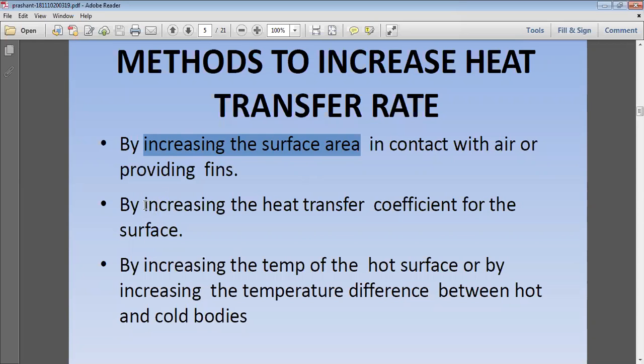Second, increasing the heat transfer coefficient for the surface. If h is increased, then obviously the convective heat transfer rate also increases. Third, increasing the temperature of the hot surface, or increasing the temperature difference between the hot and cold bodies, which leads to an increase in the heat transfer rate.